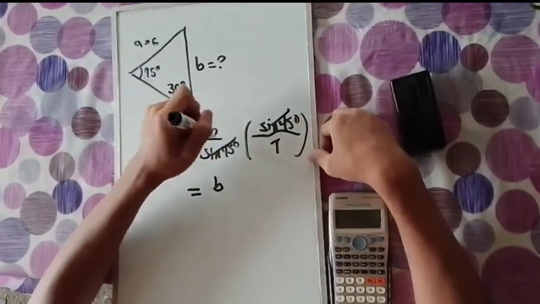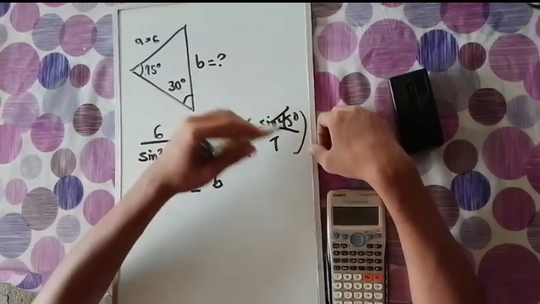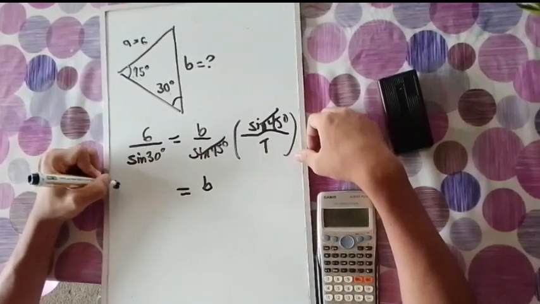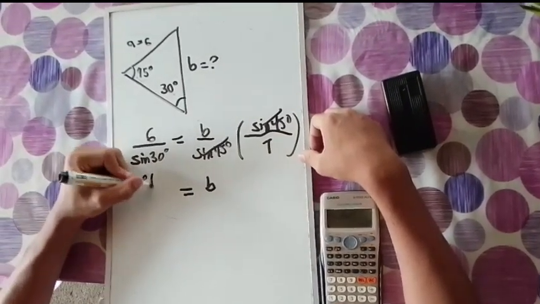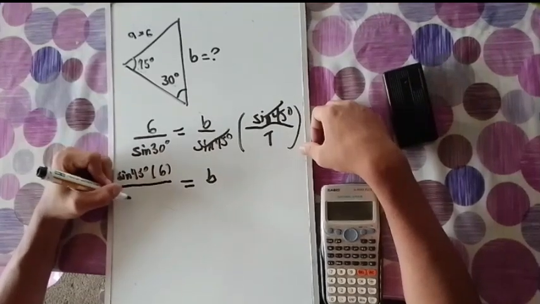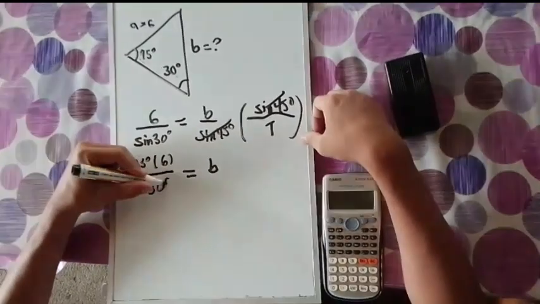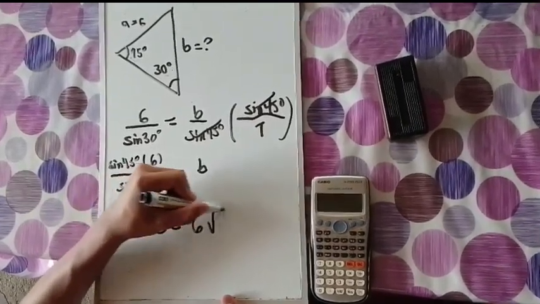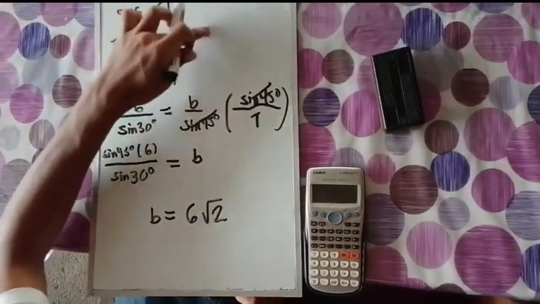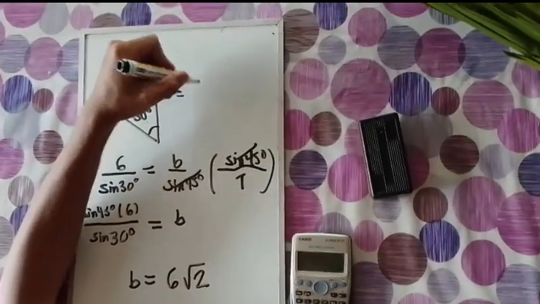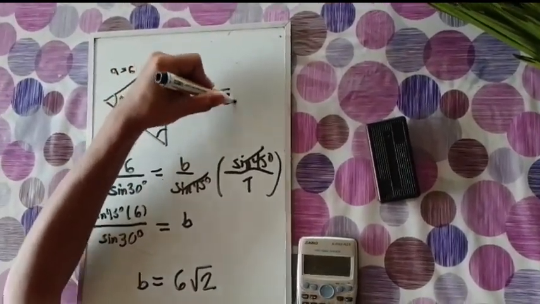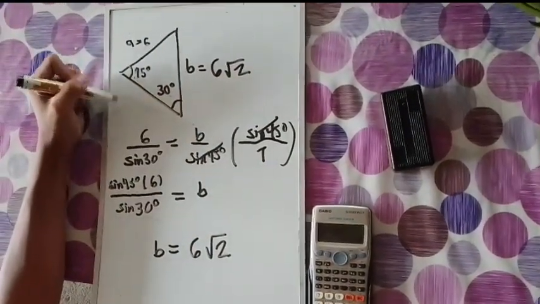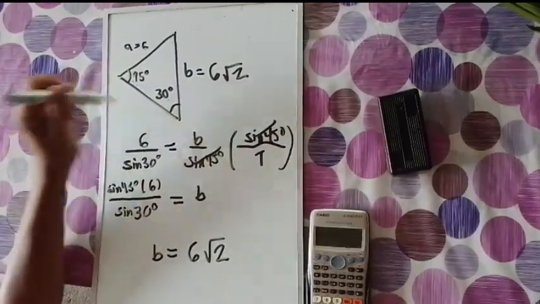Since we multiplied this side by sine 45 over 1, let's also multiply the other side. So sine 45 degrees times 6 over sine 30 degrees. Using a scientific calculator, b is equal to 6 times the square root of 2. So this is the missing side. That's how you use the law of sines in solving an AAS case.